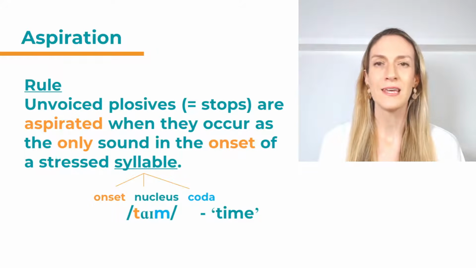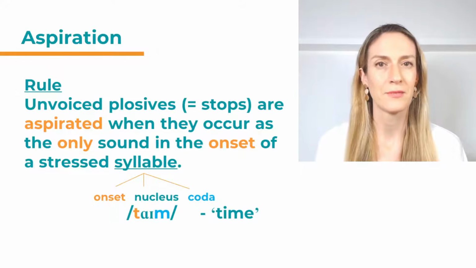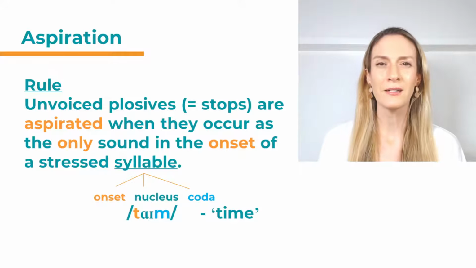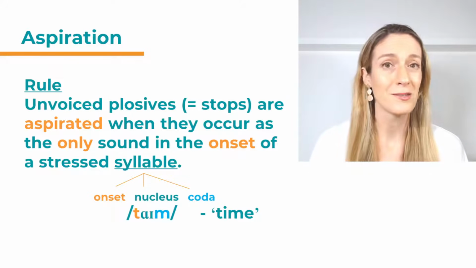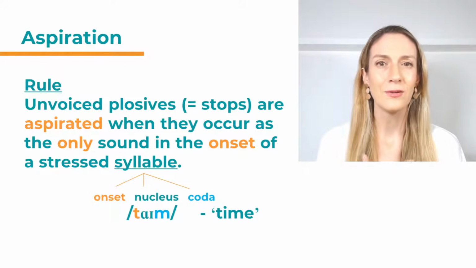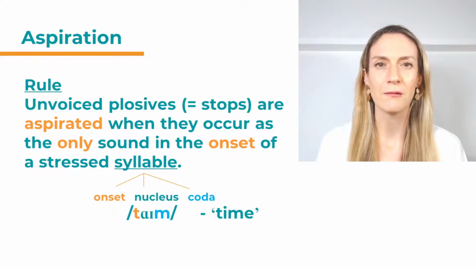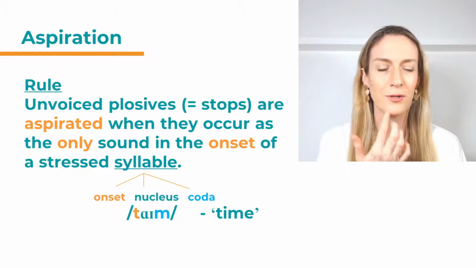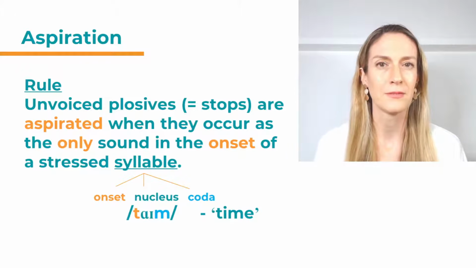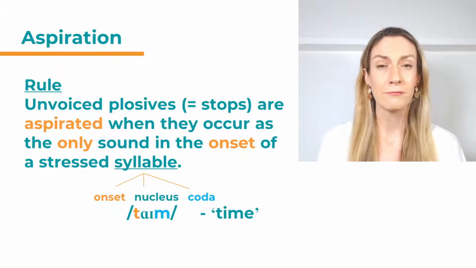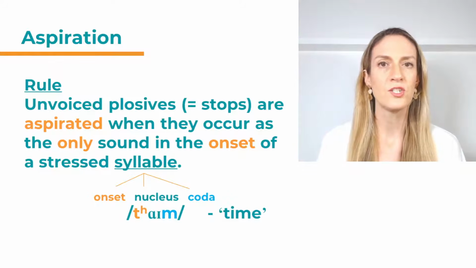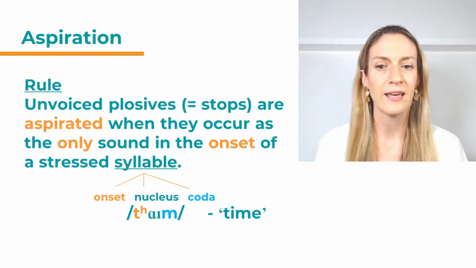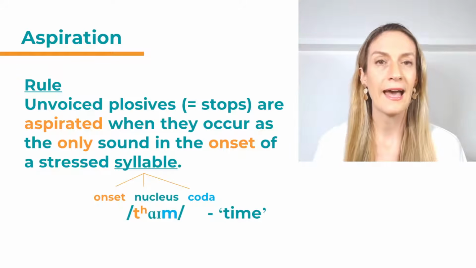And so let me say the word again, time, time. And when you say it and it's aspirated, and I think I only ever say this word in an aspirated way, you can hear and feel this little puff of air, even just here on your bottom lip. Time, time. Now, if we want to show aspiration in the transcript, what we do is we add a little h symbol, but we elevate it.